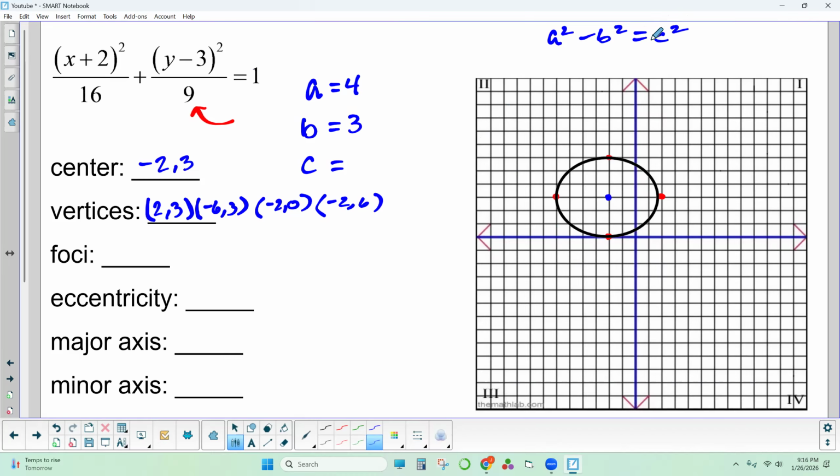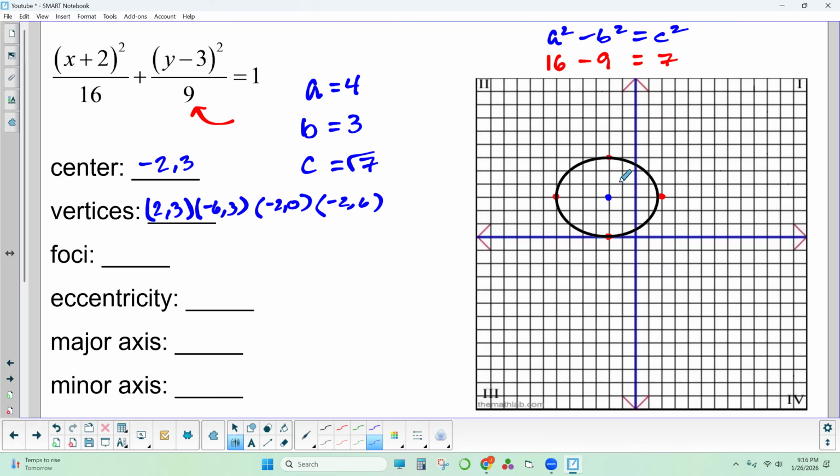Okay. So we have a Pythagorean relationship here. It's not quite the Pythagorean theorem, so be careful. It's a squared minus b squared. All right, now I'm going to just plug in a squared, which is 16, b squared, which is 9, and that gives me 7. So if c squared is 7, I'll take the square root of that to get c, which is root 7. Okay?